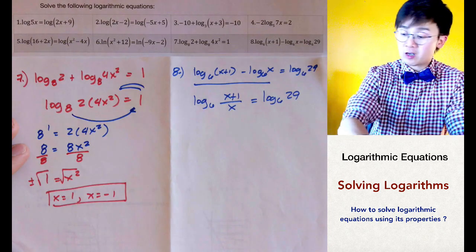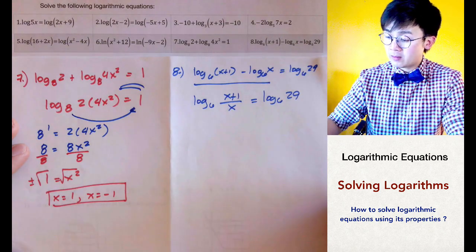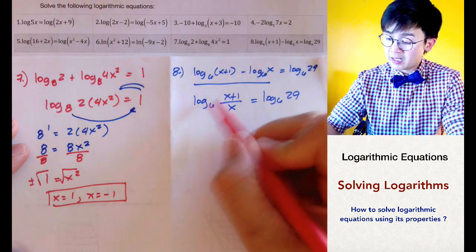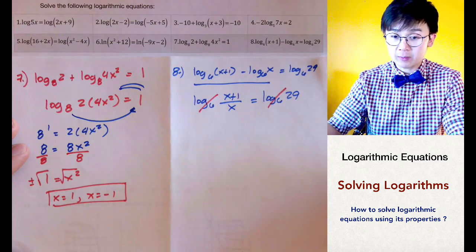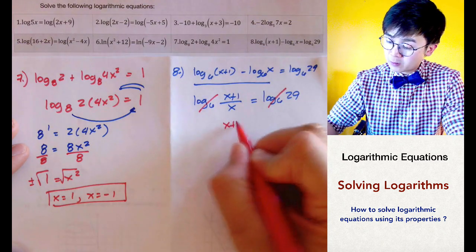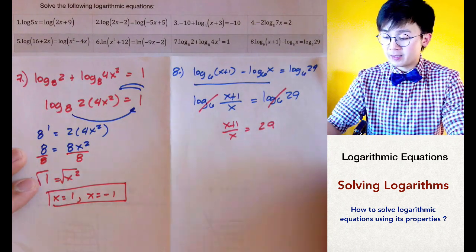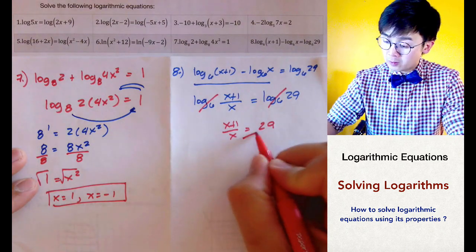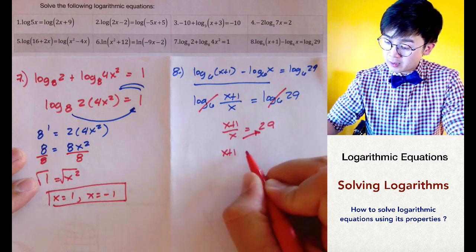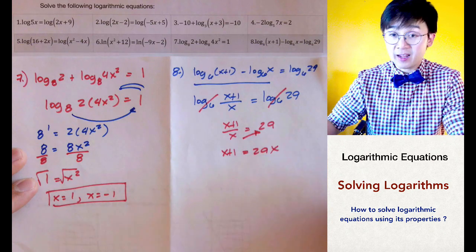And since meron tayong logarithms about magkabilang side ng equation, pwede natin siyang i-cancel since parehas sila ng base. So we'll end up with x plus 1 over x equals 29.